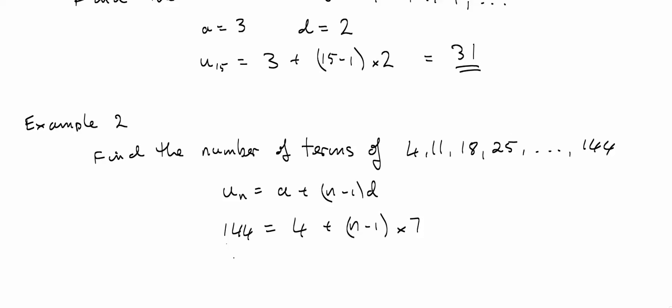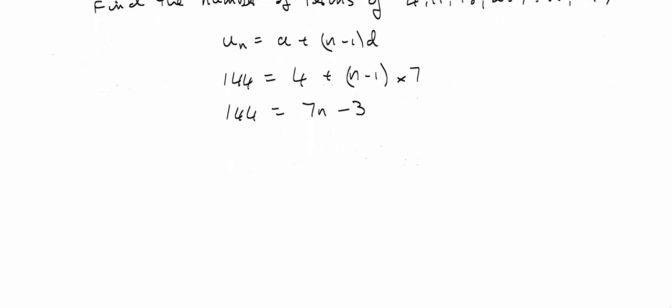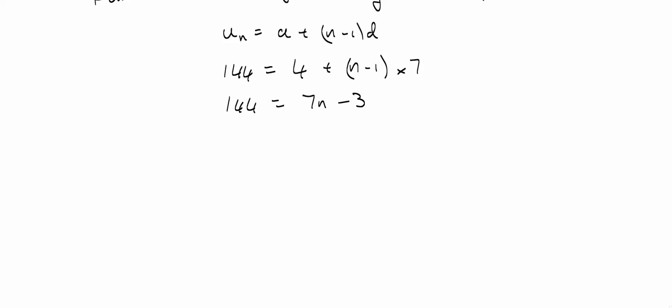So 144 is 4 plus 7n minus 7, or 7n minus 3, and then solving this simple linear equation, adding 3 to both sides, 147 is 7n, dividing by 7, n is 21. So 21 terms in the sequence.